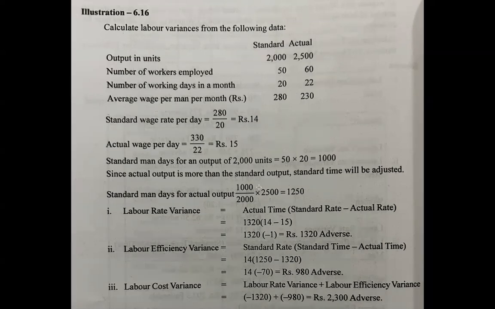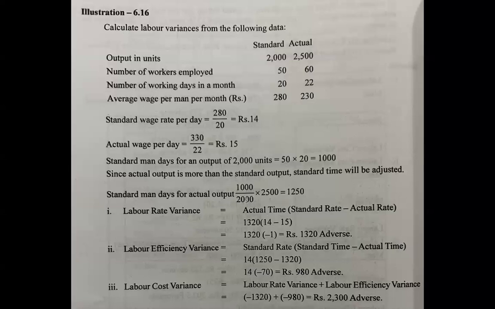To revise this, 1000 is the standard man days, by 2000 is the standard output, into the actual output of 2500.